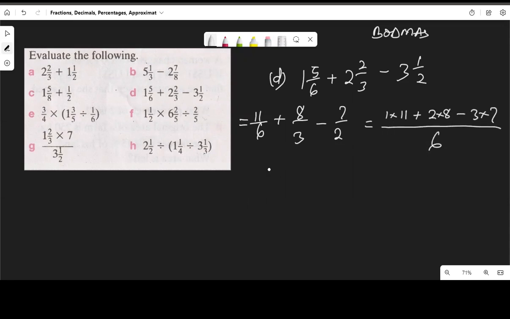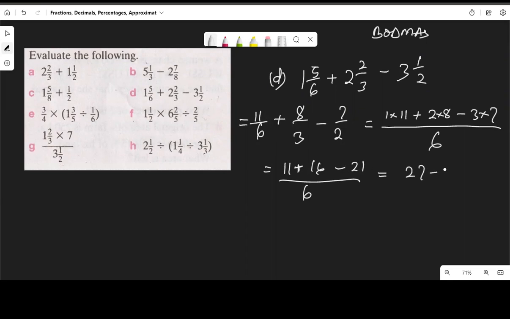1 times 11 is 11 plus 2 times 8 is 16. Then minus 3 times 7 is 21 all over 6. 11 plus 16 is 27.